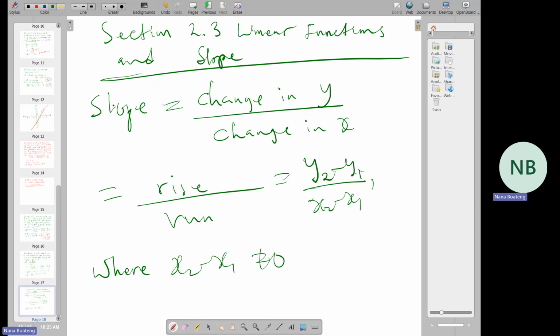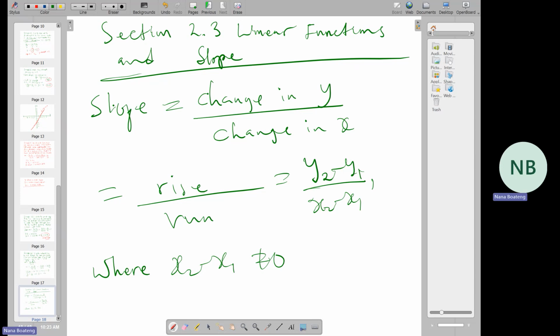Example 1: determine the slope of the line that passes through the points -4, -2 and -1, 5.